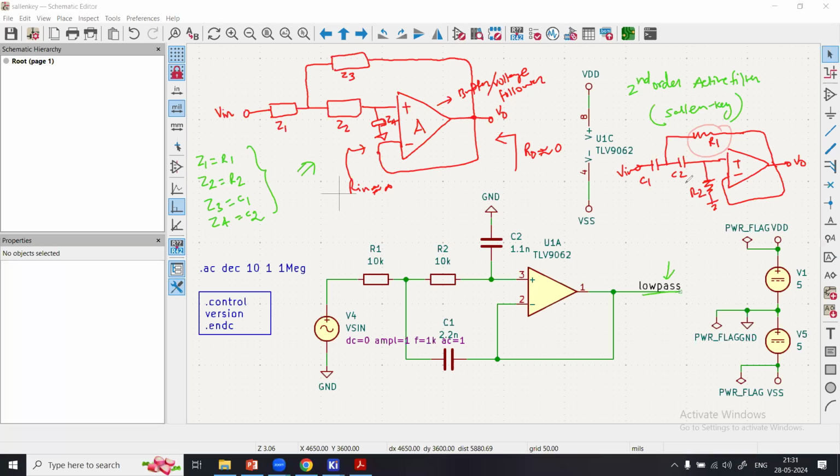So this configuration is now high pass. This is a high pass Sallen-Key second order active filter. So you see now, in order to convert from low pass to high pass or vice versa, simply swap the positions of the resistors and the capacitors, and you will have this arrangement. So this is your high pass filter. Okay.